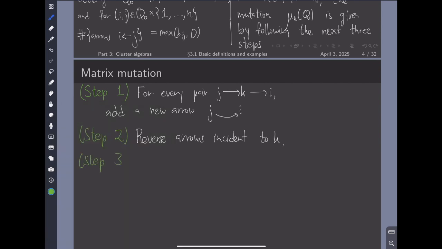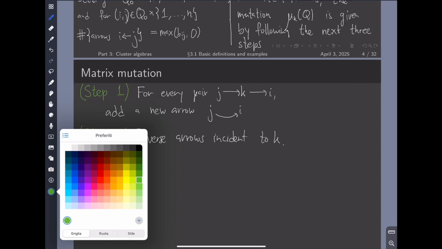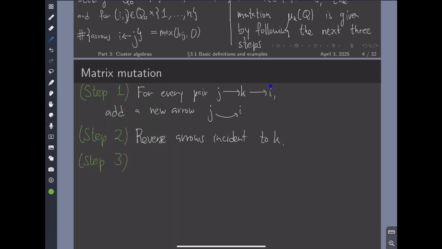Notice that in step 1, if originally I had an arrow from I to j, then in step 1 I created an oriented 2 cycle, which then I would like to erase because I would like it to correspond to a skew symmetric matrix, that is to a quiver without oriented 2 cycles.